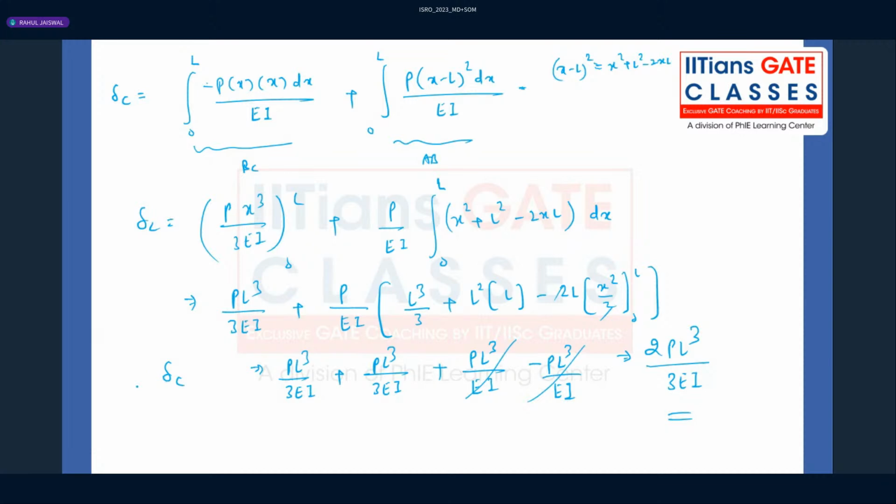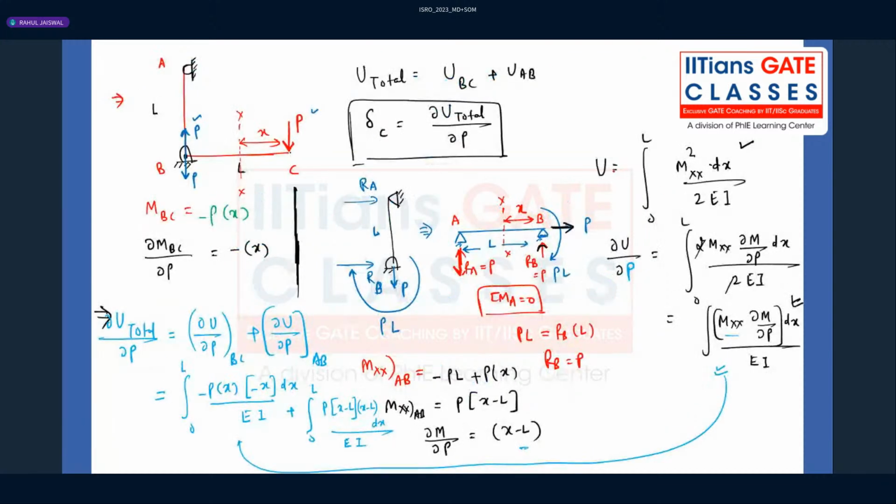This is not a very lengthy method. Again, do not think that it is a very lengthy method. As I told you, when you write the total strain energy as M x square dx divided by 2EI, it is very lengthy. But when you simplify and write it in dou U by dou P format, it is a very easy task.